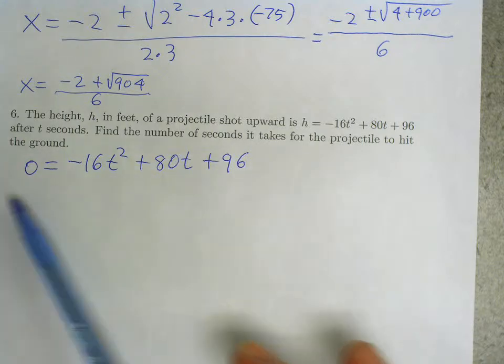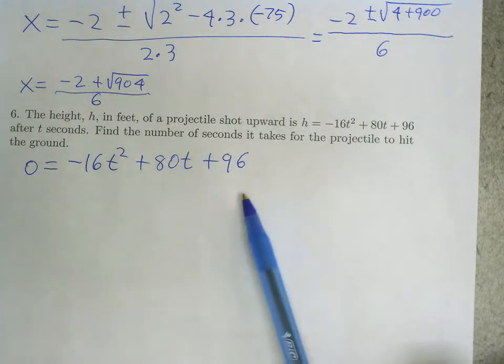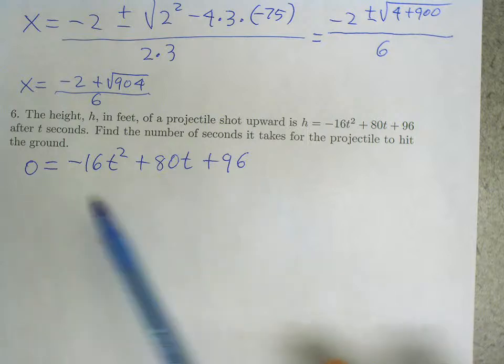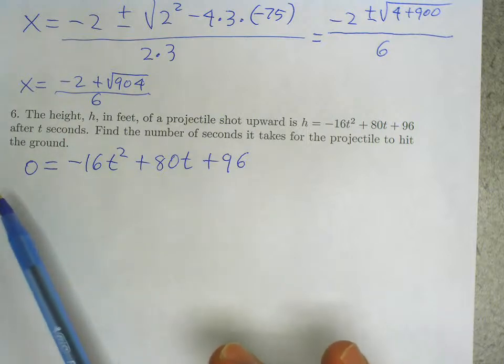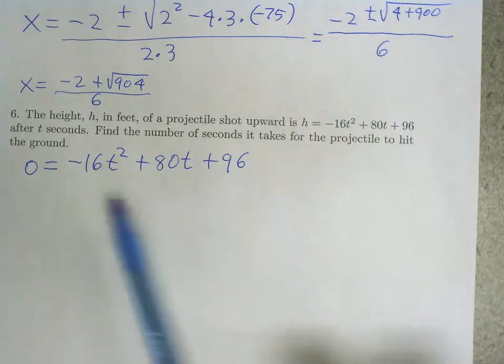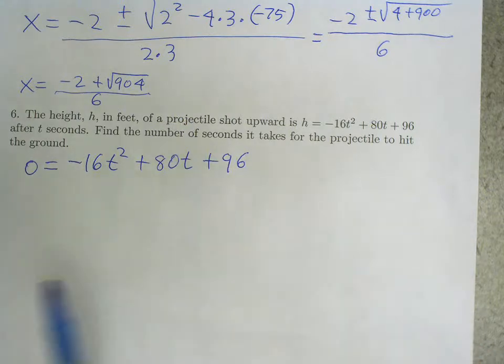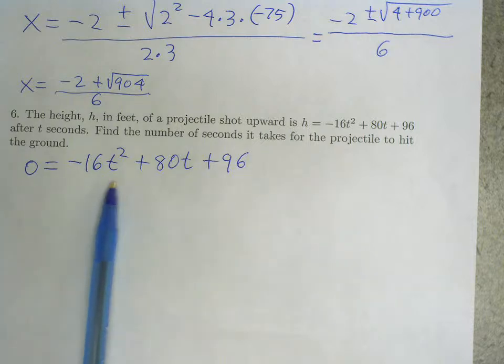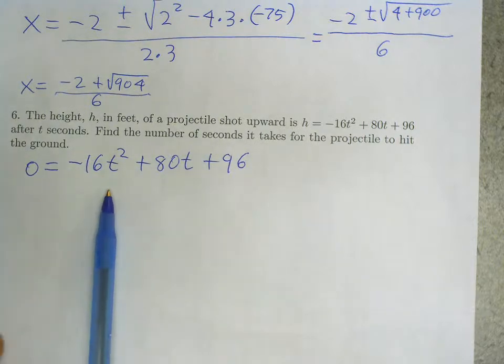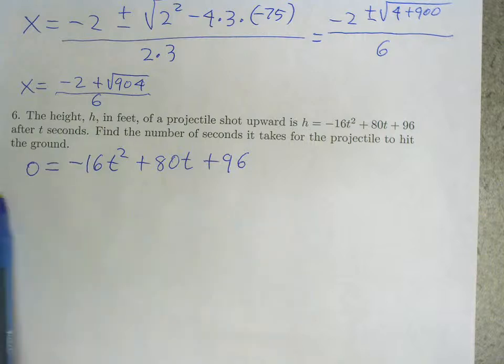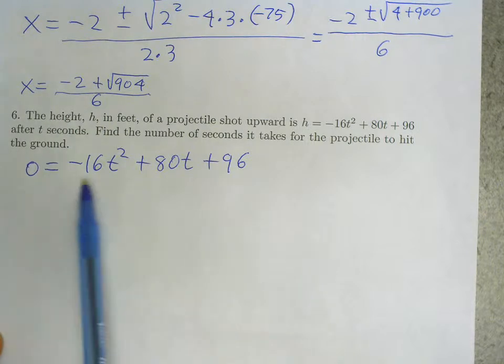So what I like to do in a case like this, when it works out so nicely, is to divide every term on both sides by negative 16. Because if possible, I want the coefficient of the squared term to be positive. So we can always do that with a quadratic equation. So we're going to divide every term on both sides by negative 16.